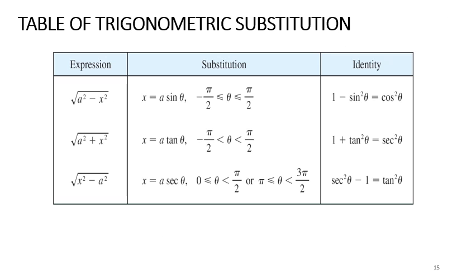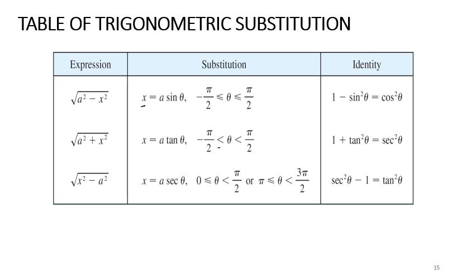Like I said, the substitution of x in terms of theta depends on the expression you are given. So in the previous slide, if you are given the square root of a squared minus x squared, then it's easier for you to substitute x with a sine theta, but you have to have a range of theta that works for this substitution.